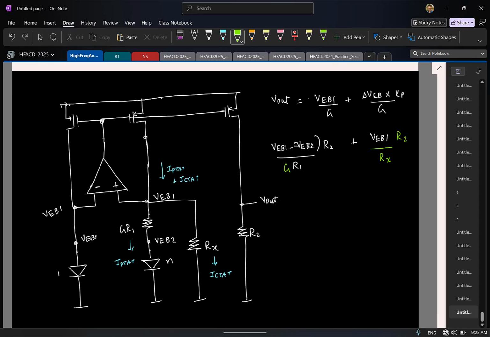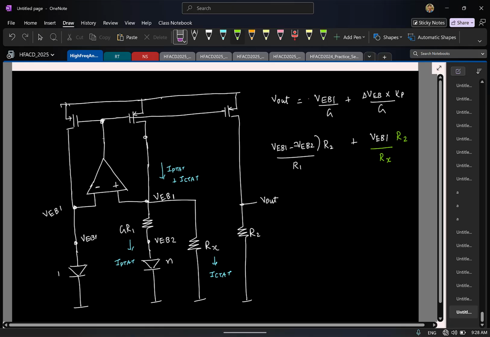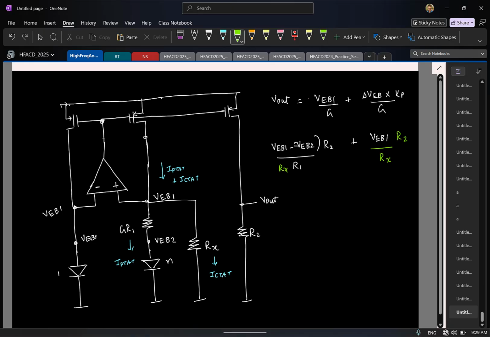This is R2, and I just rewrote the same thing. That's it. Okay, but before we conclude that this circuit will work, again look at the circuit. Tell me if there is some missing point here.